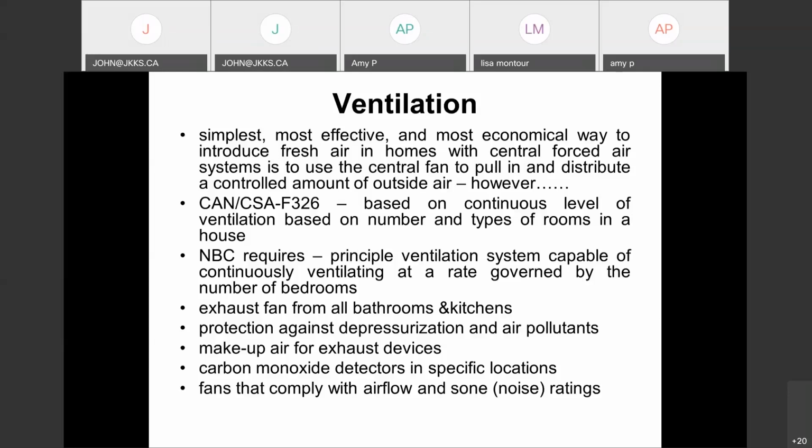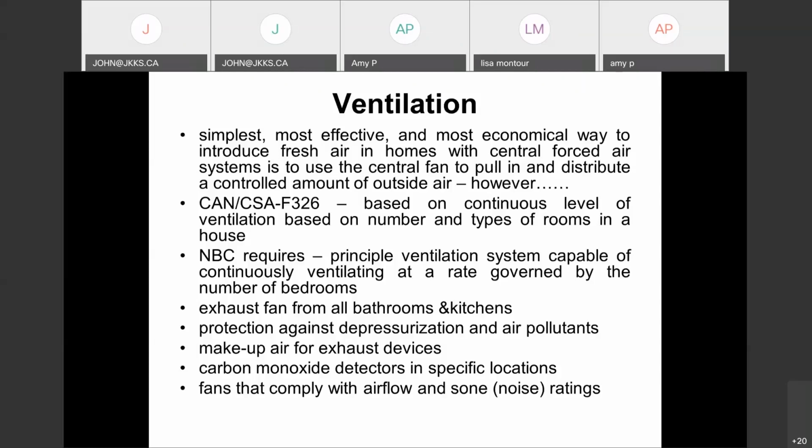So when we start taking a look at the codes or standards, the CAN/CSA F326, it's based on a number of different factors. Is it based on the number or types of rooms in a house, or is it based on the building code requirements? And both kind of cross paths with each other, maybe in a good way.